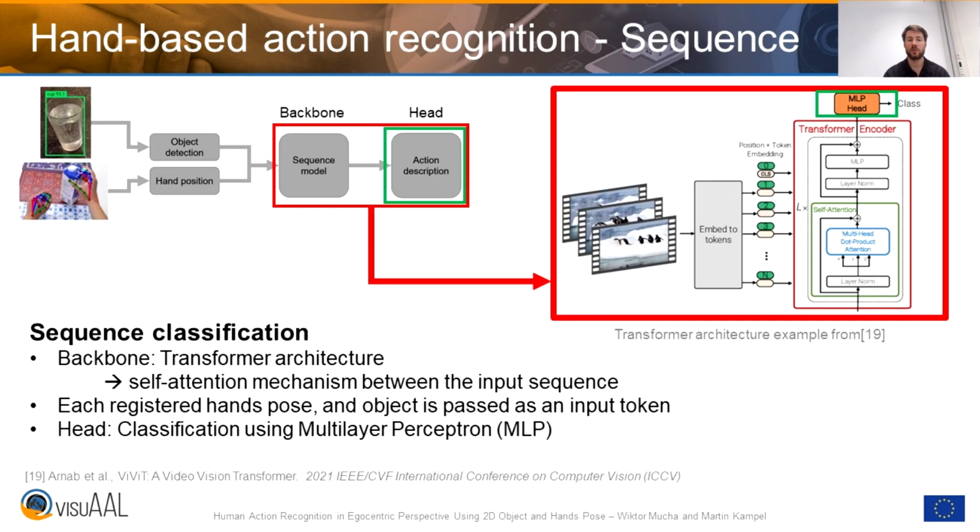Here we use the transformer encoder as a backbone, and each frame is represented by the hand positions and the object positions. These are passed as tokens, and the sequences are embedded using the transformer encoder. Further, the multi-layer perceptron performs the classification to discover the action happening.